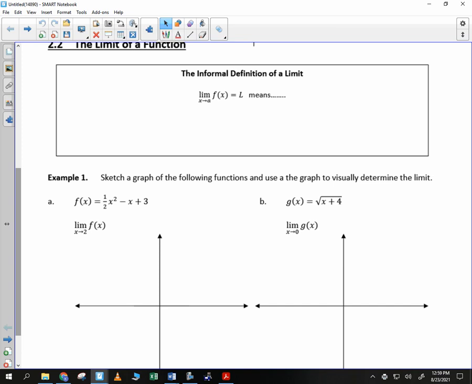There's a formal and informal definition of a limit. Informal definition of a limit: as x approaches a, the function is equal to L. What that means is this.